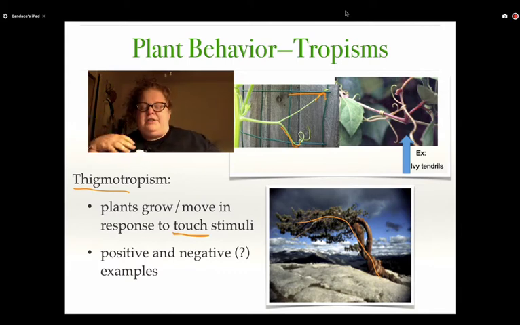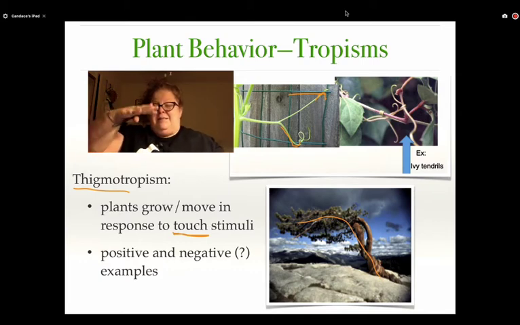But then whenever I started to read about it a little bit more, it seems that that's really not what's happening. The tree isn't growing in response to the wind in the sense that it's not getting a signal from the plant itself to grow in that way.